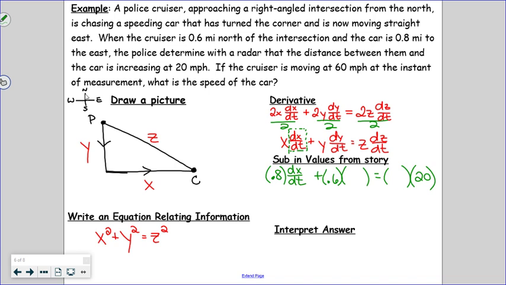The cruiser is moving at 60 miles per hour at that instant of measurement. 60 miles is dy dt or z? Dy dt. We got two things to talk about. Let's talk about this 60 for a second. We have not run across one of these before, but as that police cruiser continues driving, our y value is going to decrease, isn't it?